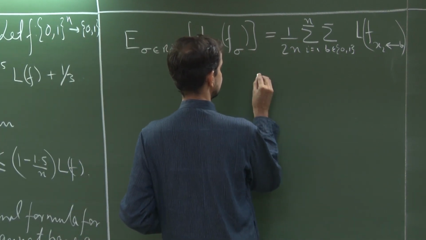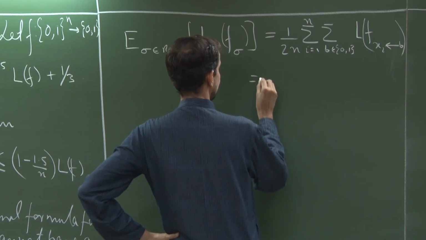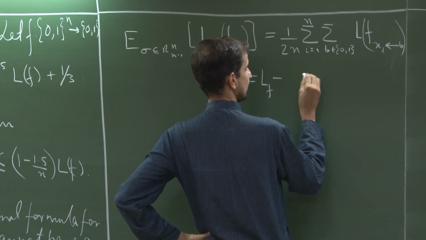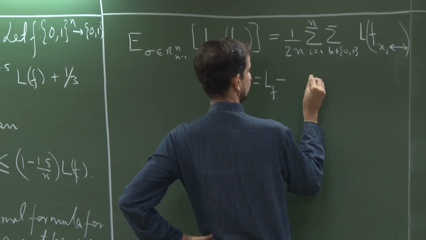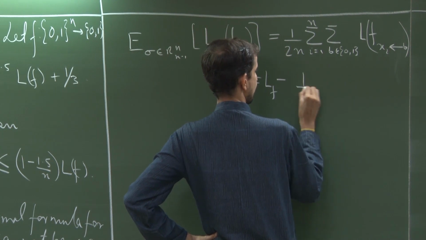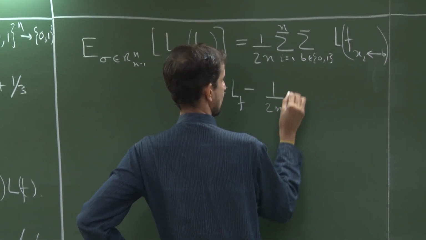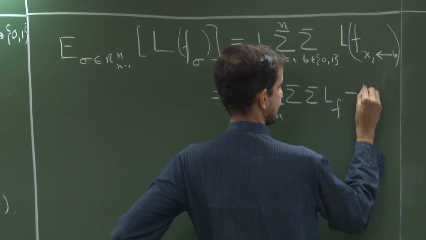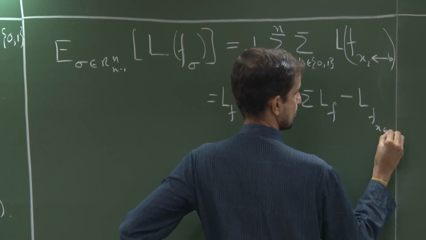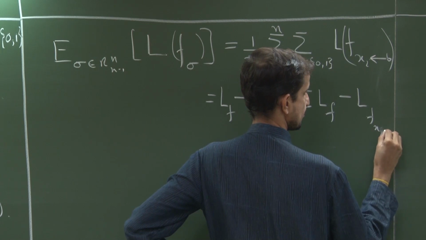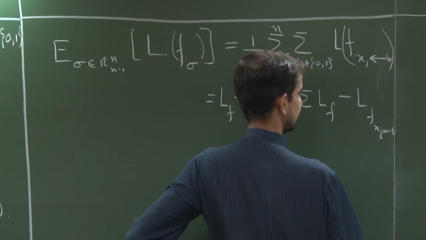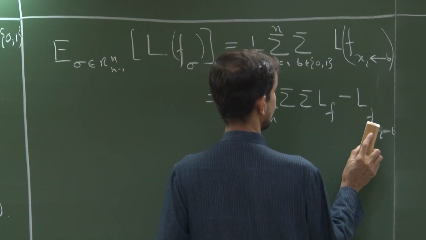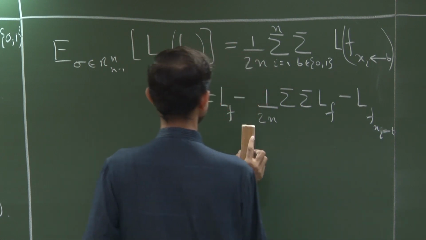So, now I can rewrite this as L of f minus the average, where xi is assigned the value b.